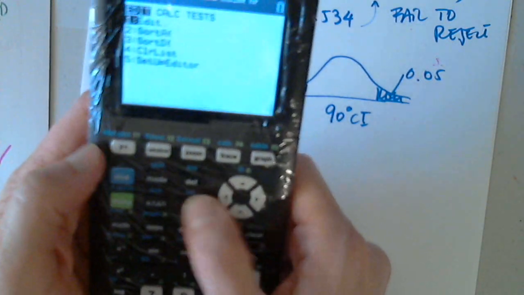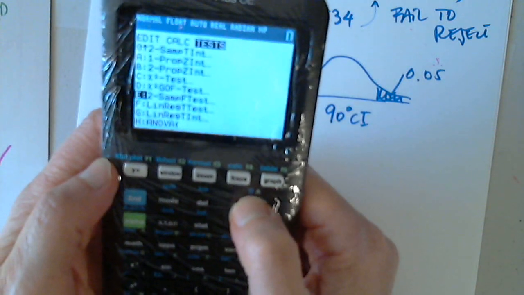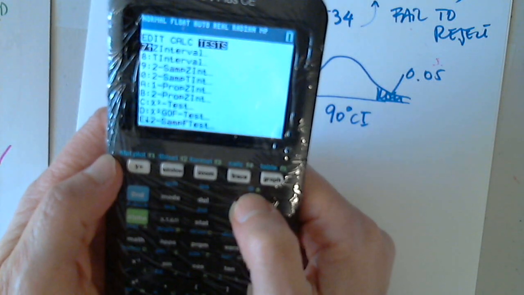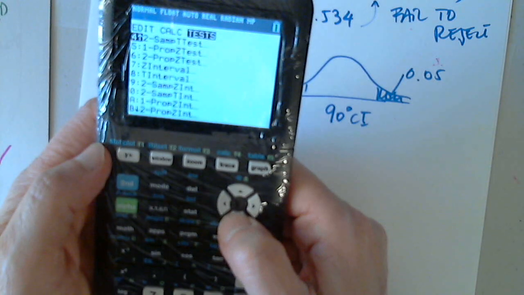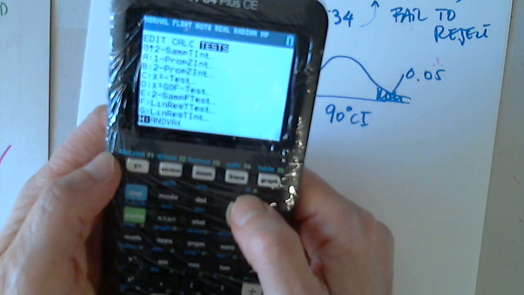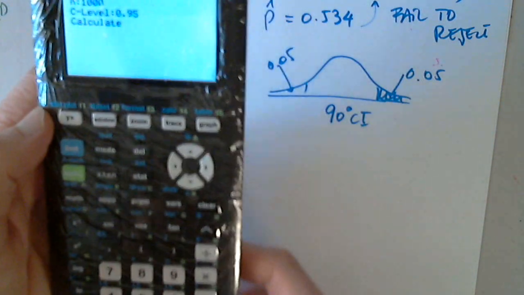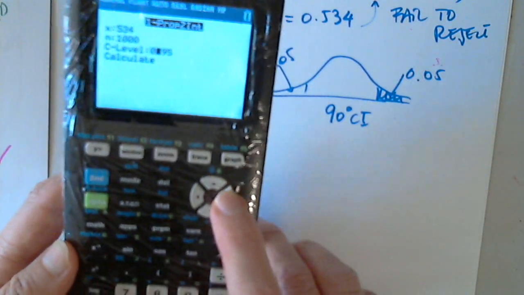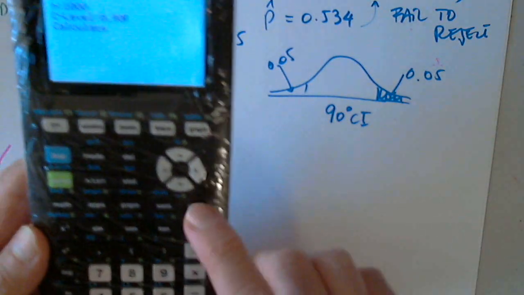Let's go back and repeat with the same thing. One proportion z interval right here, and just change that 95 into 90 and calculate.